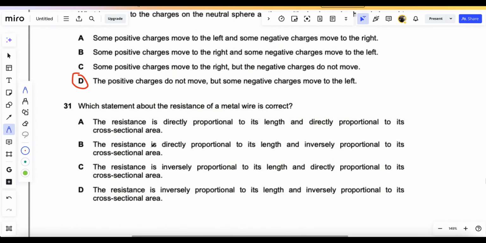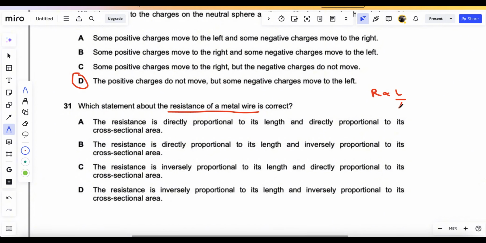Okay, question 31. Which statement about the resistance of a metal wire is correct? Resistance is directly proportional to its length. That's true. And it's inversely proportional to area.